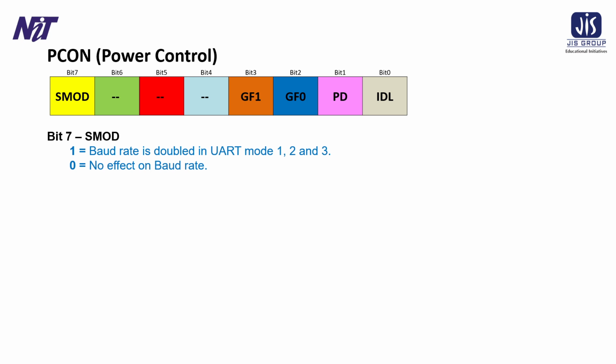So what is the meaning of that? If it is 1, the baud rate of the processor will be doubled. When it is 0, there is no effect on the baud rate. Bits 3 to 2, GF1 and GF0, are general purpose bits for the user.